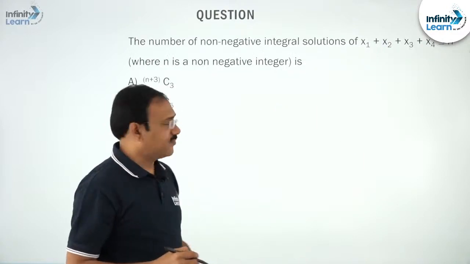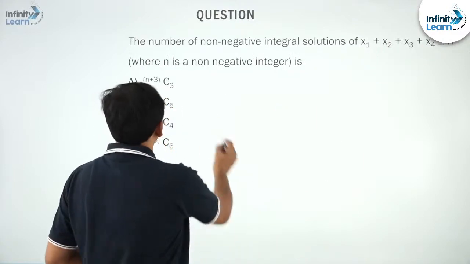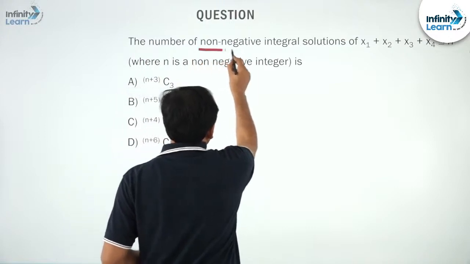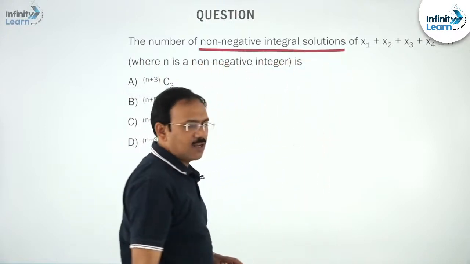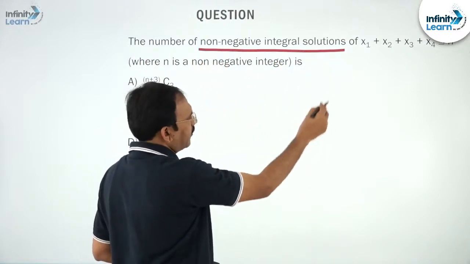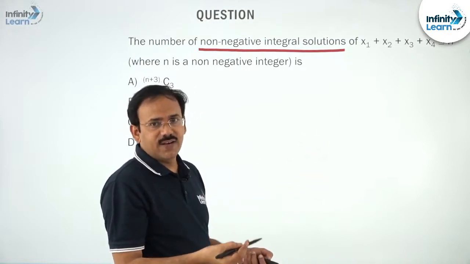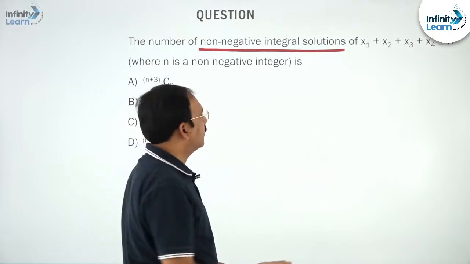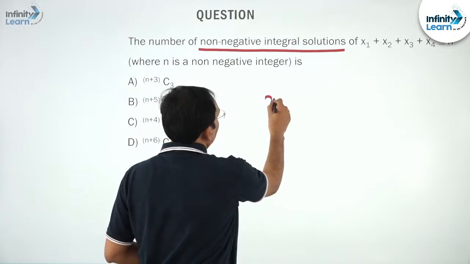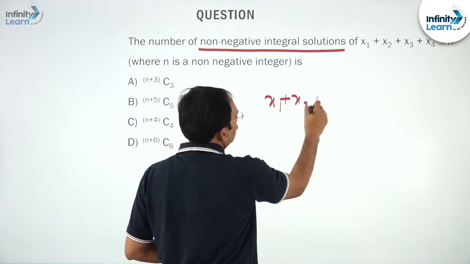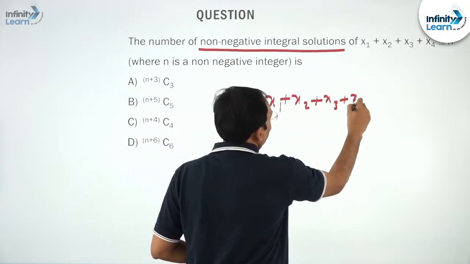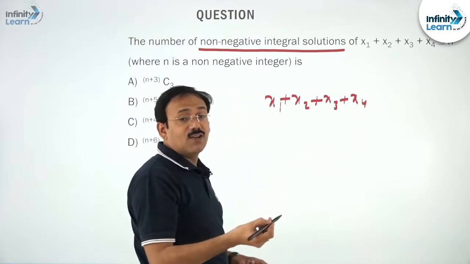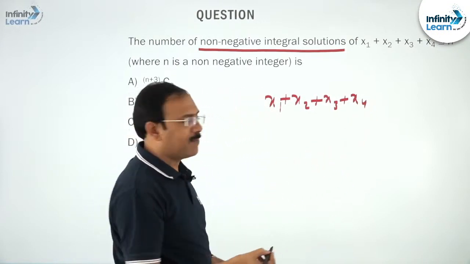Next you see this question friends, of course the same kind of problem, the number of non-negative integral solutions of the same kind, less than or equal to n, is given instead of 20 as in the previous problem. So you can write x1 plus x2 plus x3 plus x4 less than or equal to n. What logic will you apply?